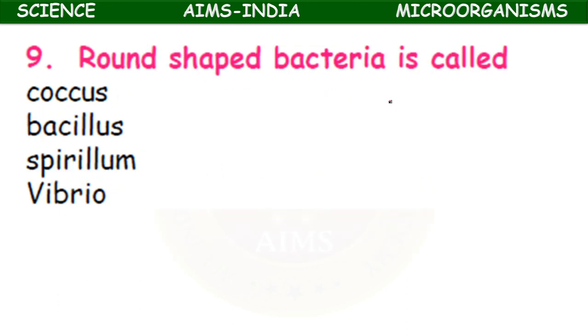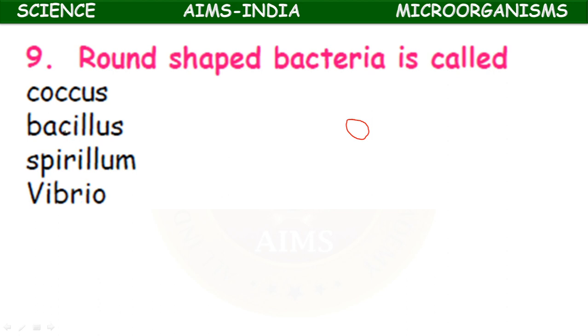Okay, next, round shaped bacteria are called Coccus, Bacillus, Spirillum, Vibrio.